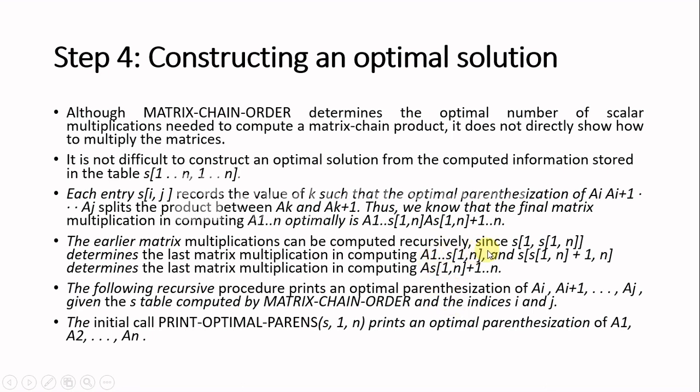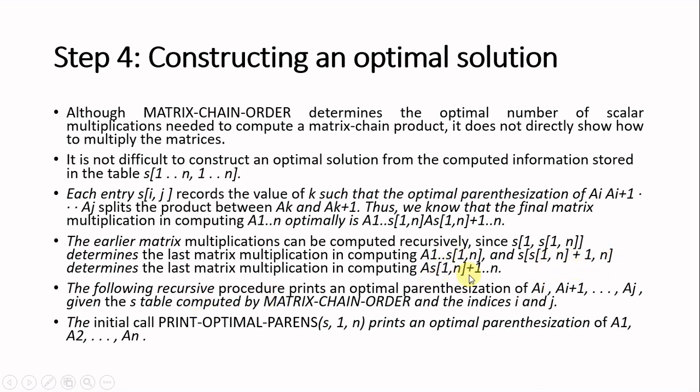You will get one value, and then you can use s[s[1, n]+1, n], which determines A_{s[1, n]+1} to n. Clear? So you split here, and the next value s[s[1, n]+1, n] is for computing A_{s[1, n]+1} to n.